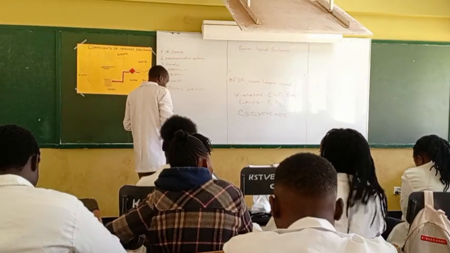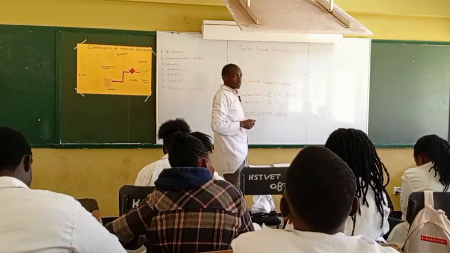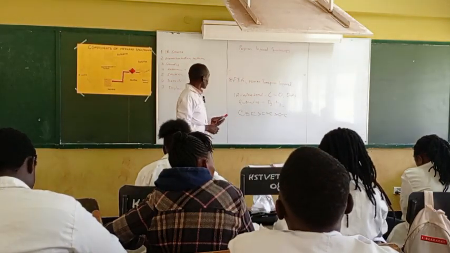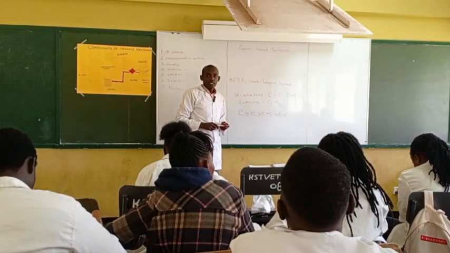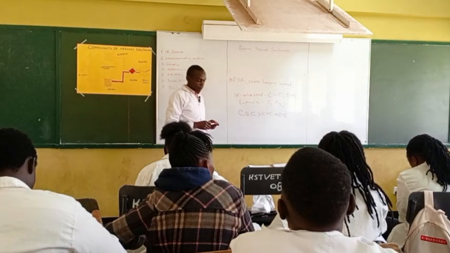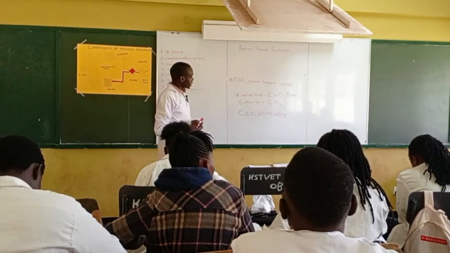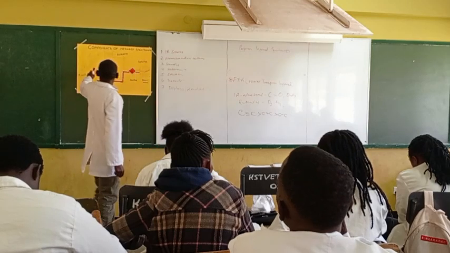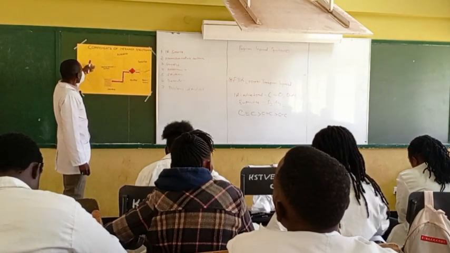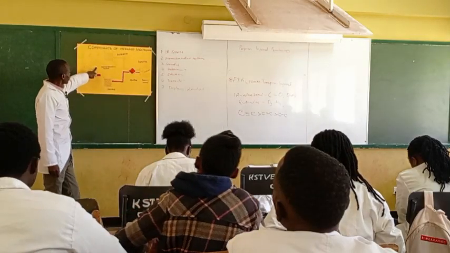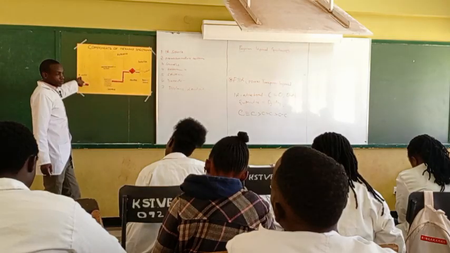I just want to clarify one aspect. As my colleagues that have come here before, they've talked about the Fourier transform infrared spectrometer, and we have also the dispersive infrared spectrometer. I just want to highlight the difference: in the dispersive one, we use a monochromator as a way of splitting the wavelength from the IR source.